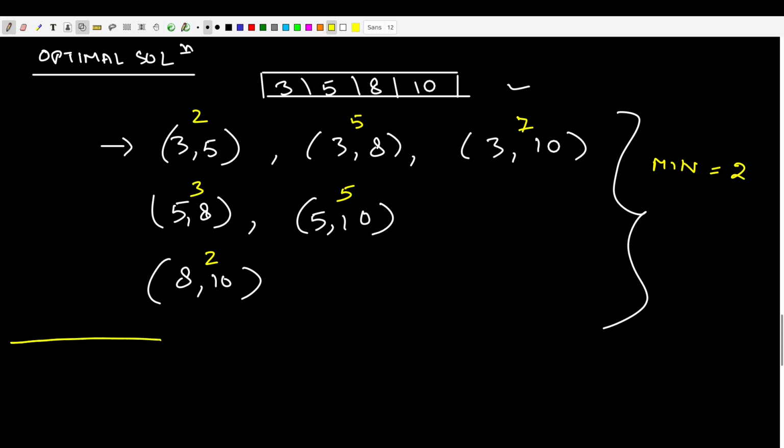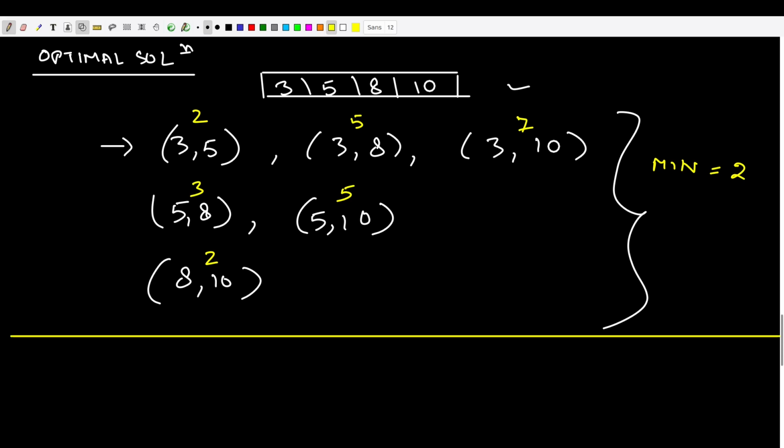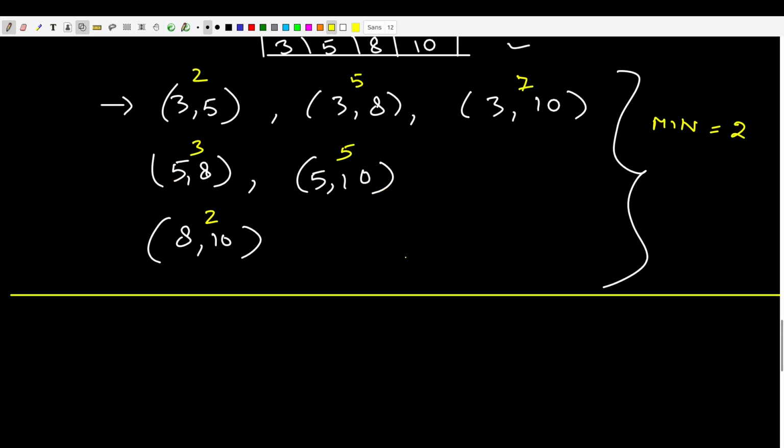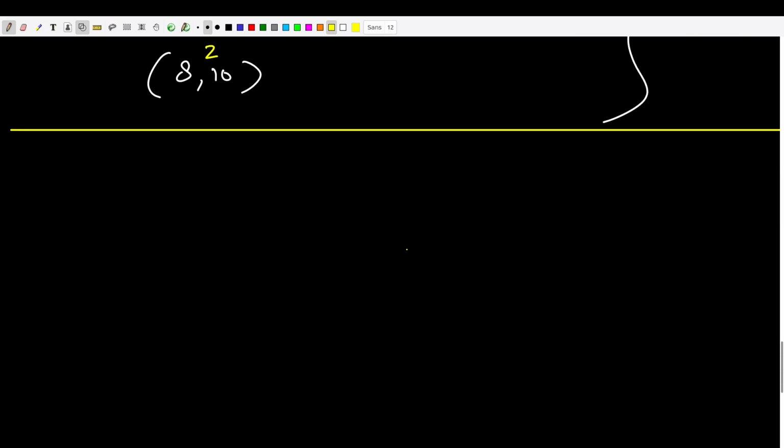A further optimization is possible here, and it relies on the property of a sorted array, right? Let us say we go ahead and sort the array which was given to us. In our case the array was already sorted, but if it was not sorted, we sort that array, and now we have the tower heights in this format.